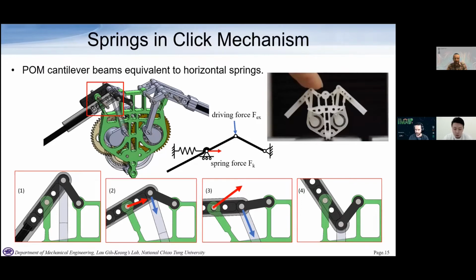When the links are pulled by the gray driving link, the cantilever spring bends outward. After the links go through the midpoint, the cantilever spring pushes the links to jump toward the lower stable position. And as shown in the video, it will jump to the other position.